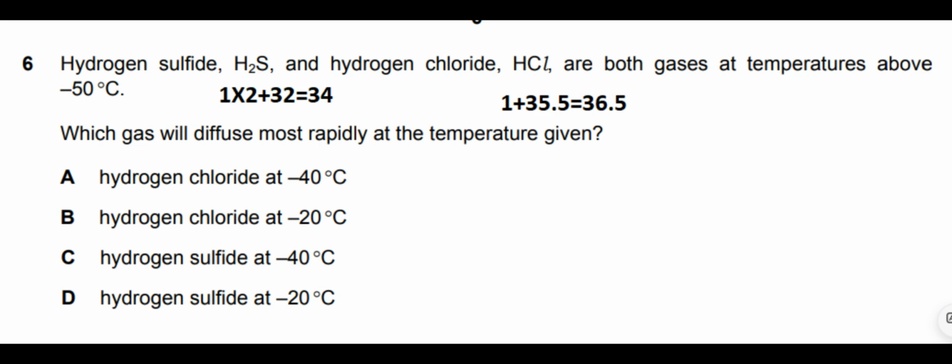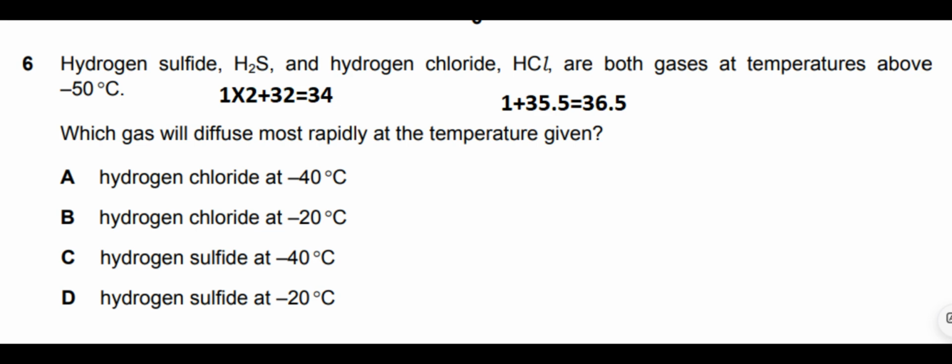The next question says that hydrogen sulfide, H2S, and hydrogen chloride, HCl, are both gases at temperatures above -50. So which gas will diffuse most rapidly at the temperature given? Before we read the options, you need to understand the concept that -50 degrees centigrade is lower than the temperatures -20 and -40.